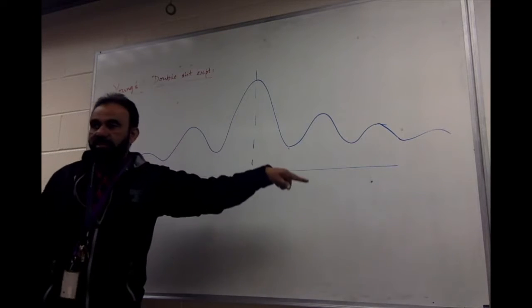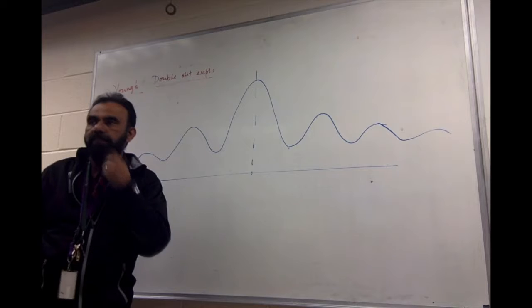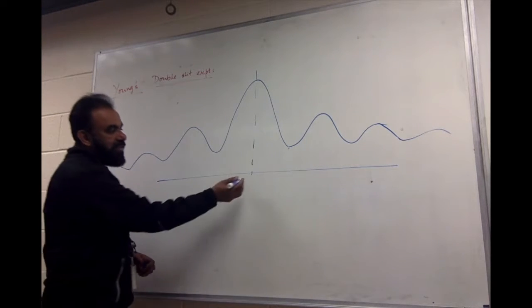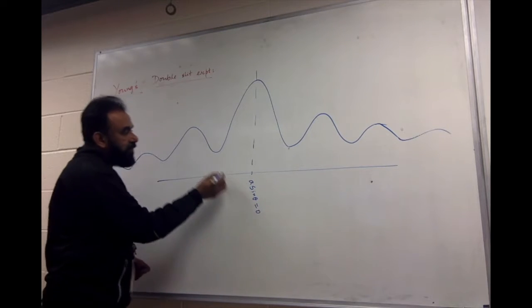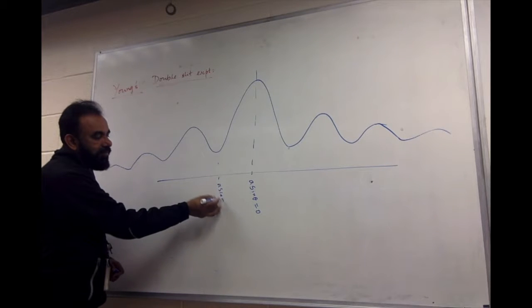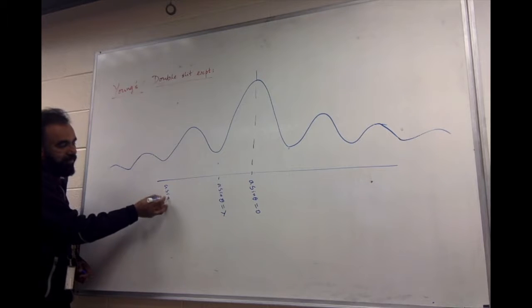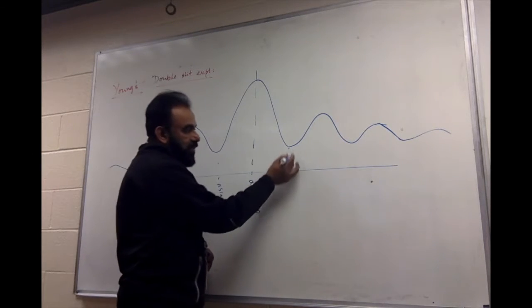This pattern that you see right now is caused by what? Diffraction. What's the condition for diffraction? A sin theta is equal to 0. What is the next condition? A sin theta is equal to lambda. What is that one? 2 lambda. Yep, good. And this happens on both sides.